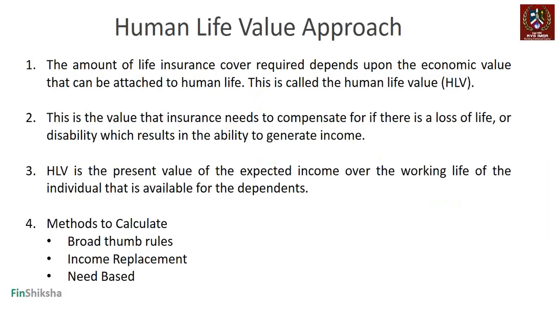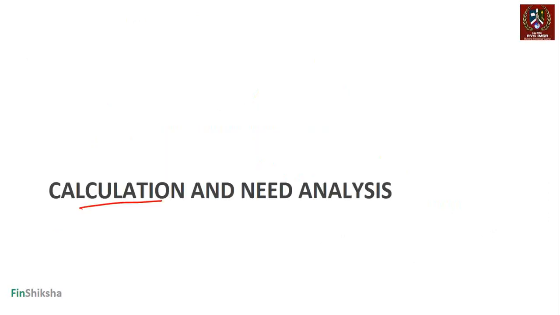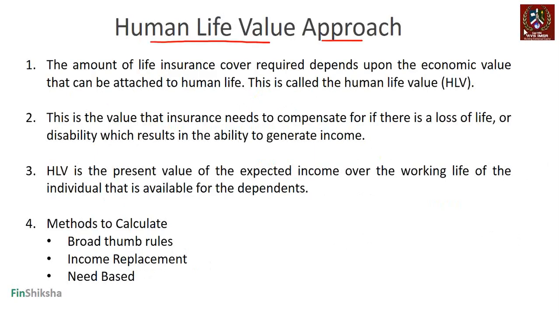So there are broadly three methods that are used, and all of them basically use what is called the human life value approach. So it depends on the value that can be attached to the human life, right? Because at the end of the day, it is a life insurance, and the cover you're requiring is for what is the value of the human life that is not there.